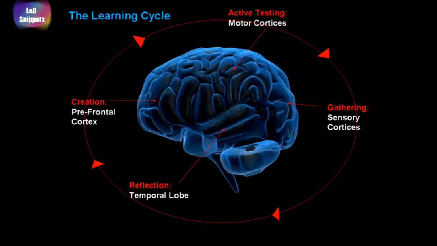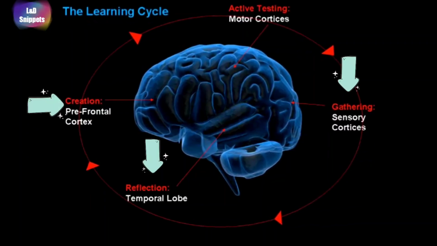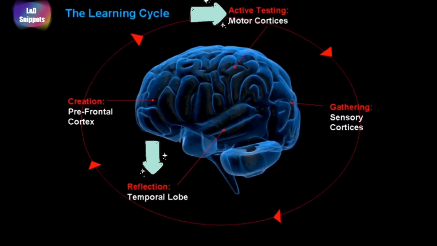In the last episode, we talked about the learning cycle or the learning process. We discussed the 4 steps involved in the learning process. We saw how our brain gathers various inputs, information, facts, data, pictures, etc. through our sense organs.